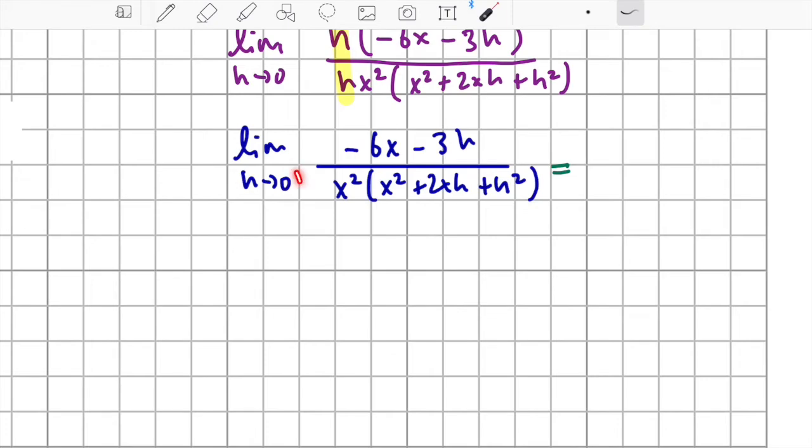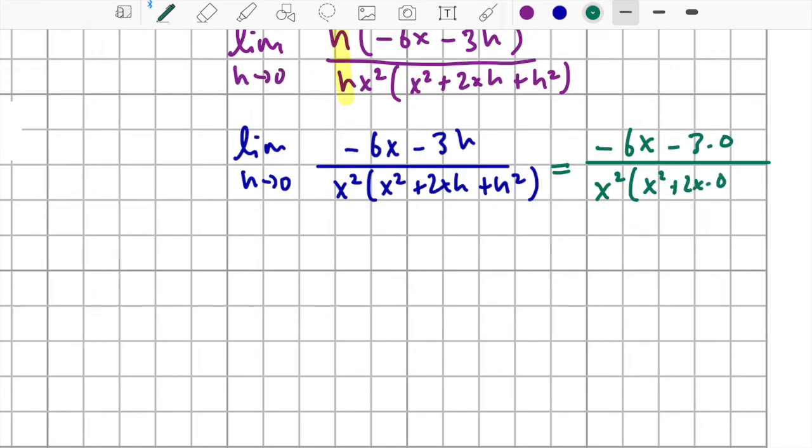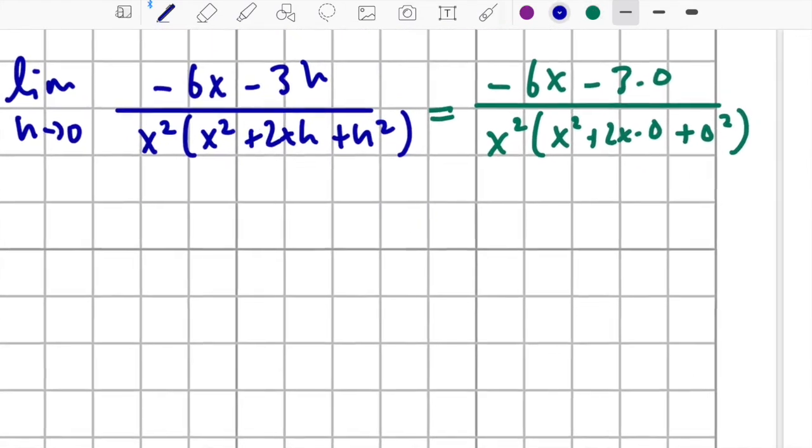And when I mean evaluate, means plug in the 0 wherever you see an h, because it's h approaching 0. So it'll be negative 6x minus 3 times 0 over x squared plus 2x times 0 plus 0 squared.